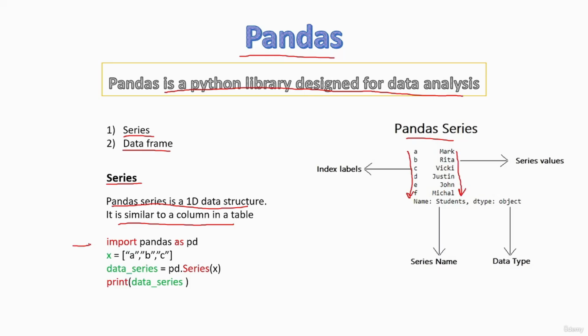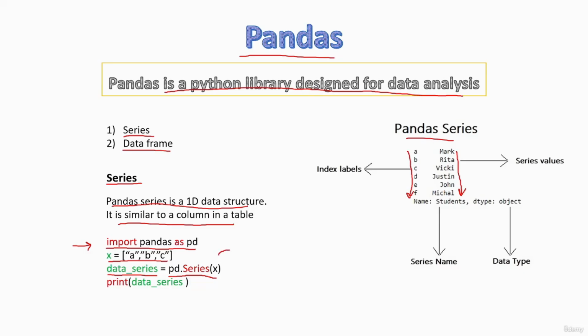This is the syntax for creating a Pandas series. First we import Pandas into Python. For that we type import Pandas as pd. Then I have created the list called X. It has values A, B and C. Then I have created the Pandas series called data series. We can give any name here. Then I have used .series method in the Pandas library.